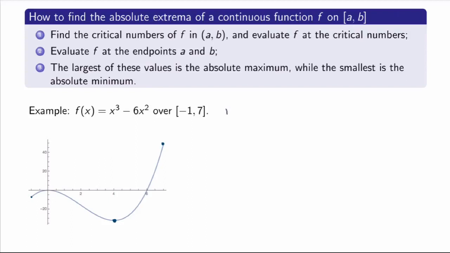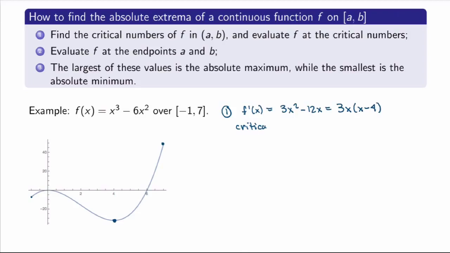So the first step is to find the critical numbers of the function. The function here is differentiable, so the only critical numbers will be at the zeros of the derivative. So I calculate the derivative. I get 3x squared minus 12x, which is 3x times (x minus 4). And then the zeros here will give me the critical numbers.